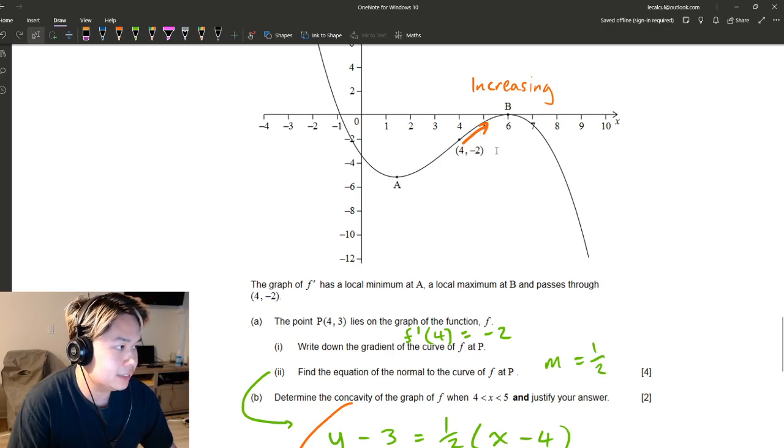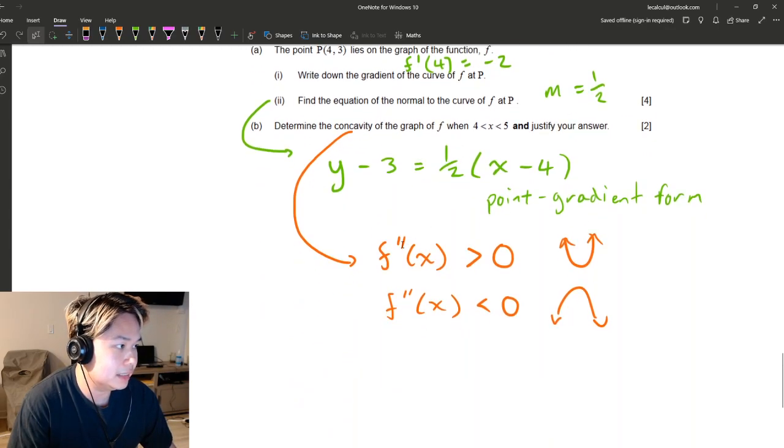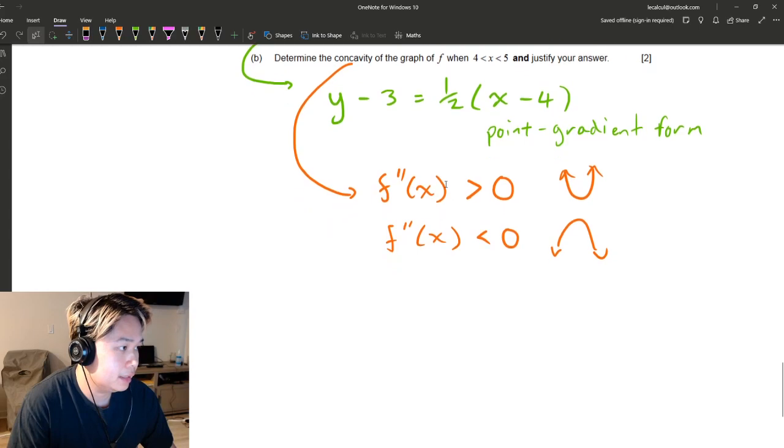Because again, this graph is increasing. You can see more or less the slope is positive. But because this is the first derivative, taking the derivative of this is the second derivative. So very clearly then, the second derivative has to be positive, so it's concave up.